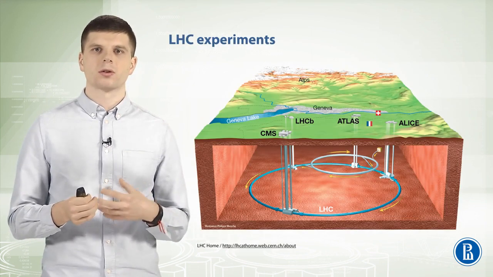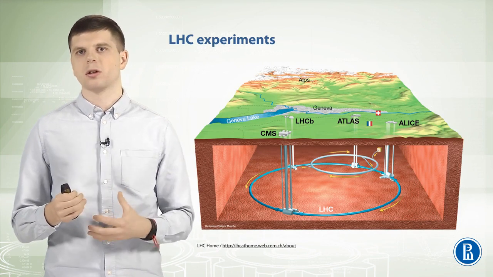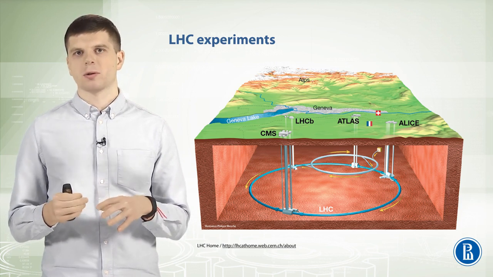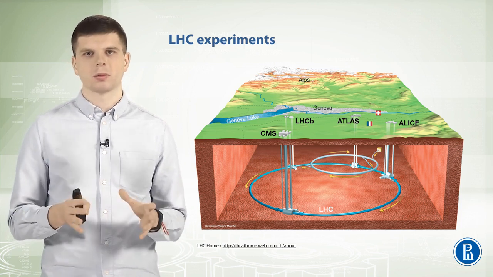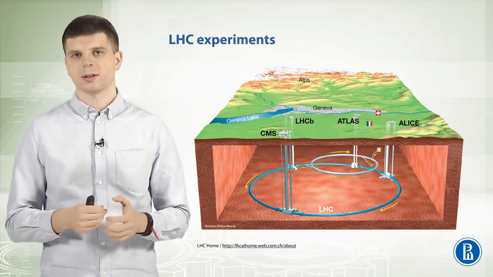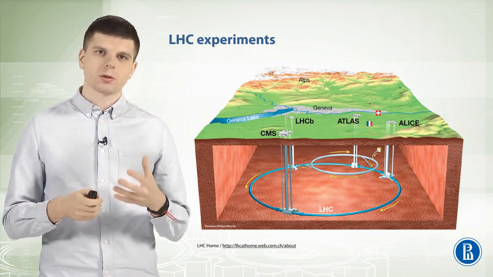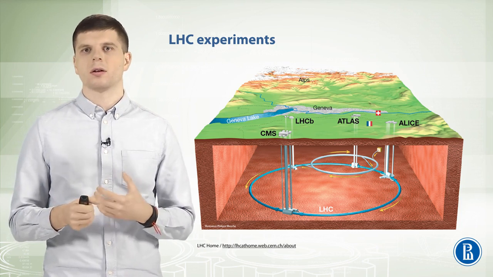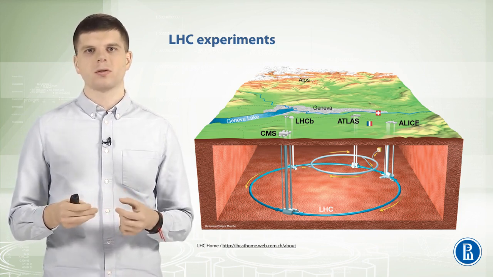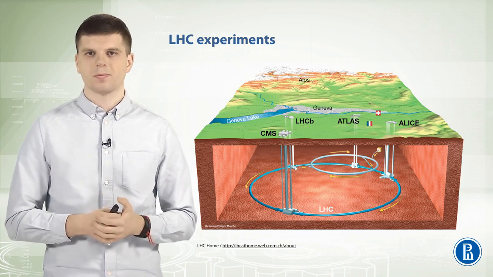Consider several detector examples at the Large Hadron Collider at CERN. There are four major experiments at CERN. These experiments are LHCb, ATLAS, ALICE and CMS. From the previous week you know that the Large Hadron Collider has two beams of protons that fly in opposite directions.